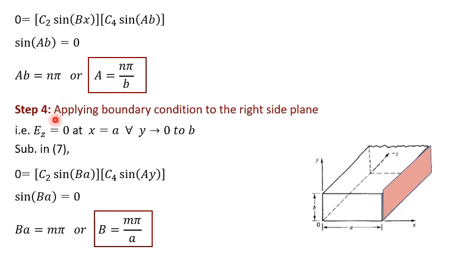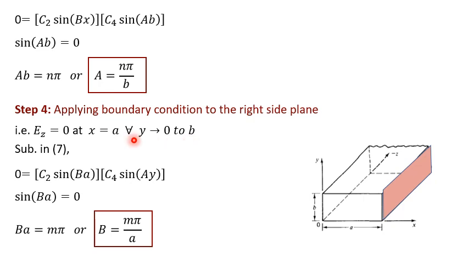Okay, so in the last step, I'm going to apply the boundary condition to the right side plane. The right side plane can be expressed as x is equal to a and for y ranging from 0 to b. So Ez will be equal to 0 at x equal to a for all y ranging from 0 to b.